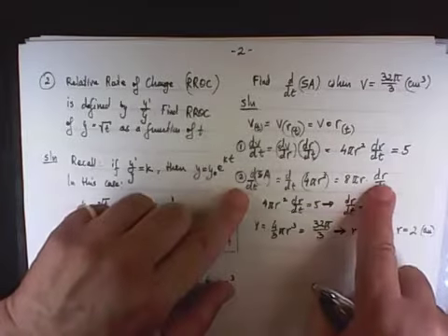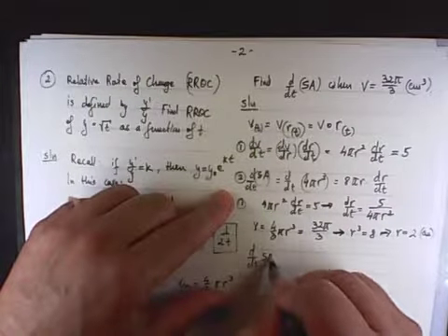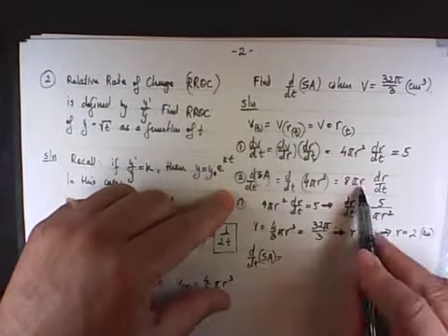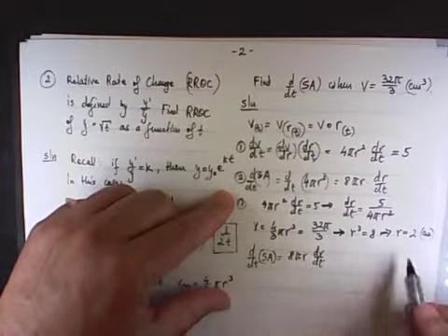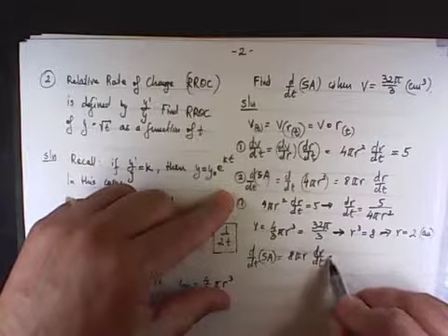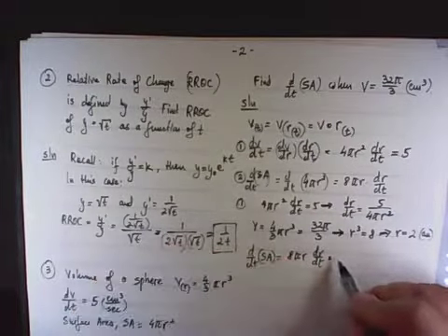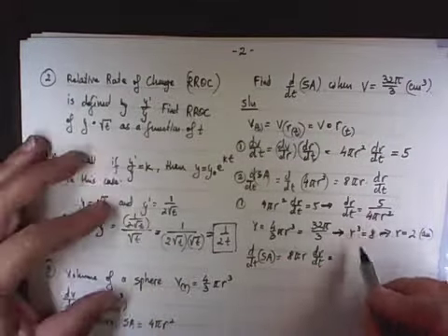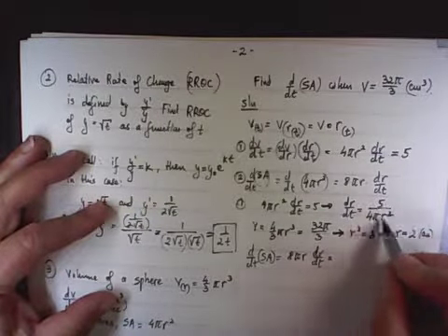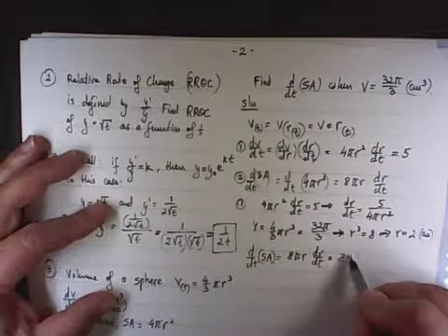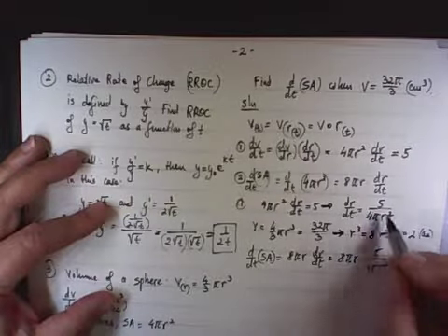Now I can go back to what we want. We want d/dt of SA, and we came up with this value, 8πr dr/dt. Okay, I have a value for r, and I have dr/dt, so it will be 8πr times 5 divided by 4πr². So before I plug in values, dr/dt is this one, so I have 8πr times 5 divided by 4πr² from here.